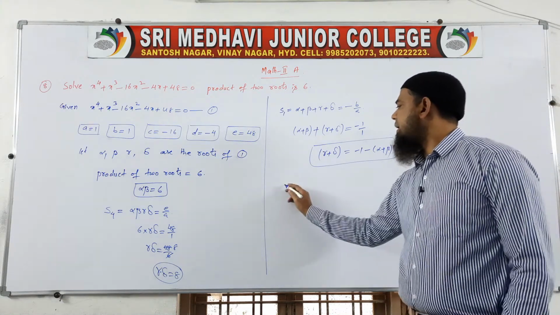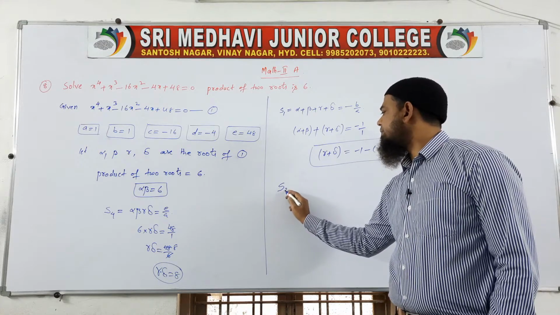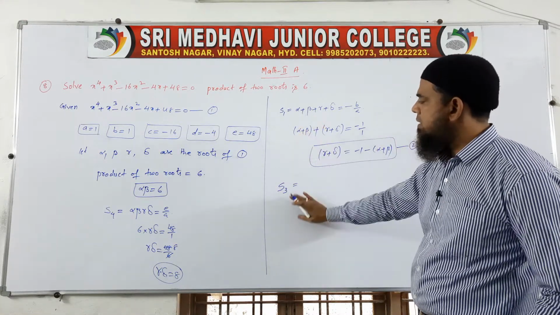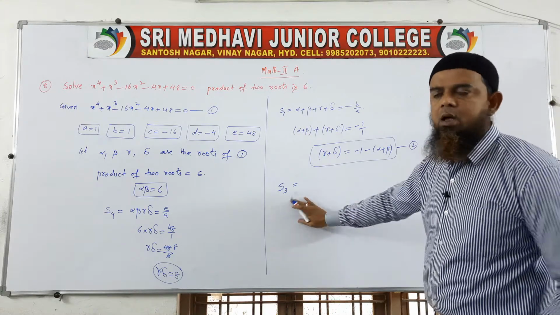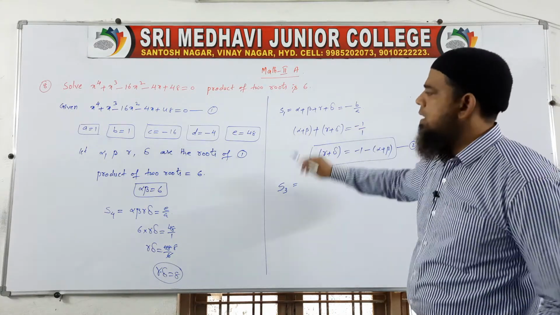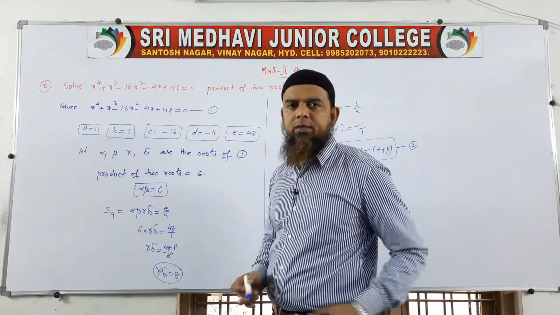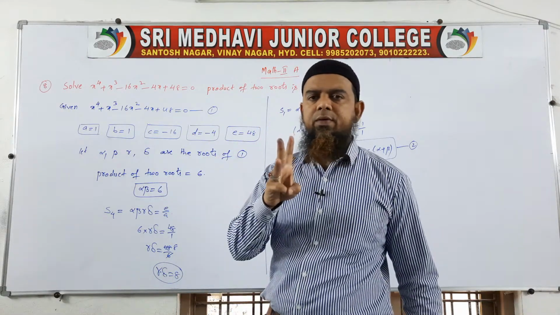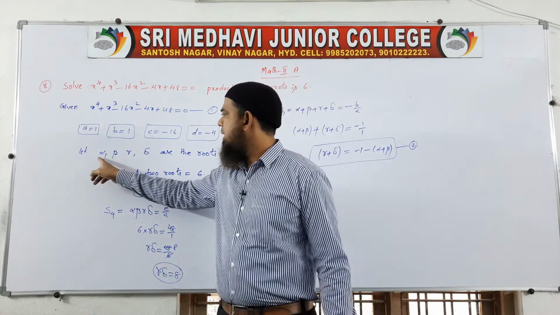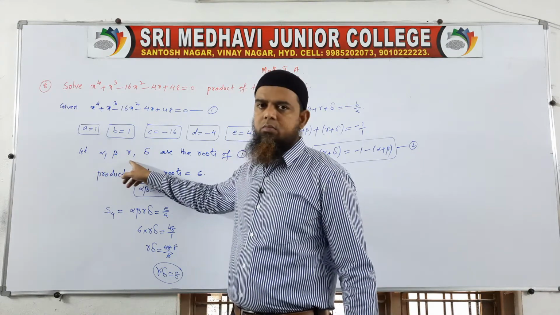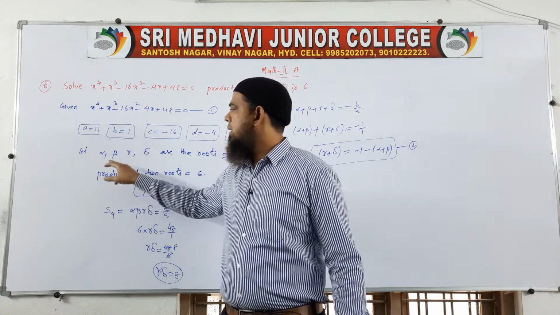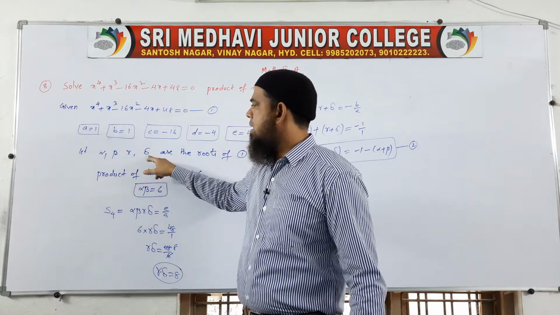Now I am applying S3. How to write S3, you see here. In a cyclic order we have to take the roots. S3 means 3 roots we have to take. First of all I am taking alpha, beta, gamma. This is the first set. Leave alpha: beta, gamma, delta.